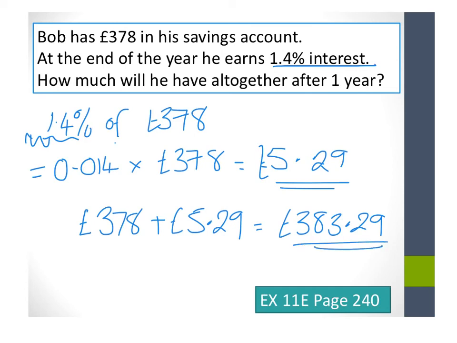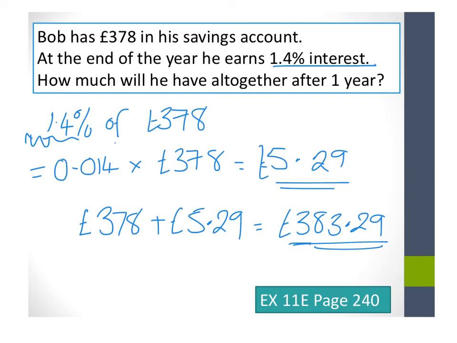Which isn't that bad. And something you might like to think about is what will happen the following year? What we'll go on to look at next year is another type of interest. So that's how much you got at the end of the first year. If you keep this new amount in your bank and not take anything out, you're going to earn 1.4% interest on this amount.